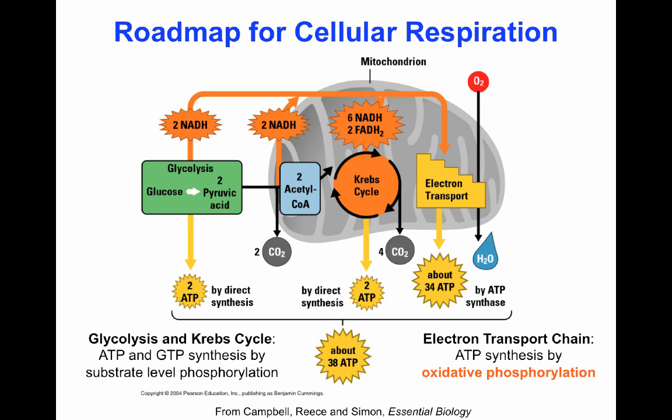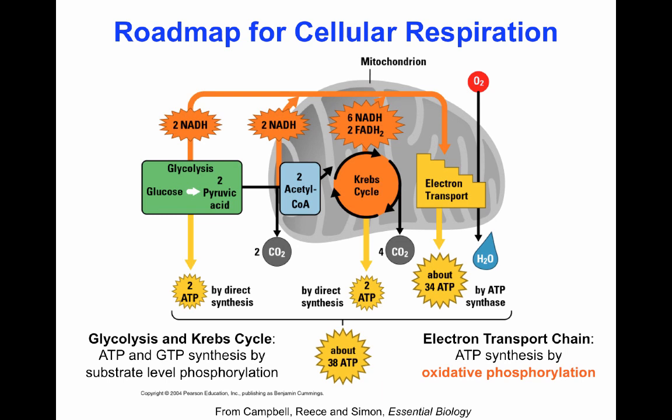Now, all the high energy electron carriers are going to donate their electrons in the electron transport chain. And through the process of oxidative phosphorylation, we are going to generate ATP. The ultimate electron acceptor in the electron transport chain is going to be oxygen, so oxygen is going to be reduced into water.